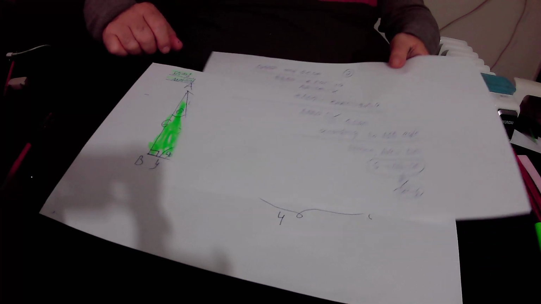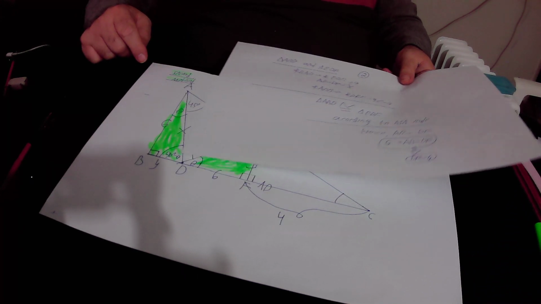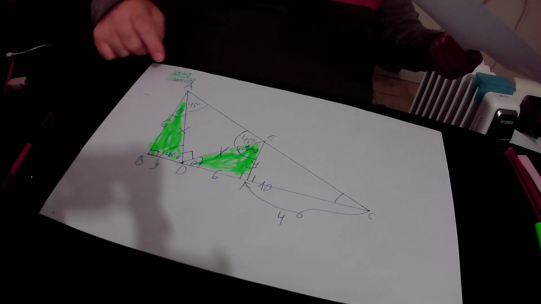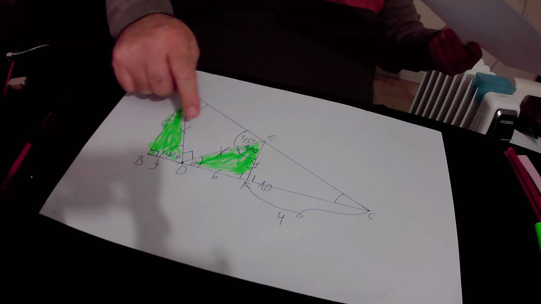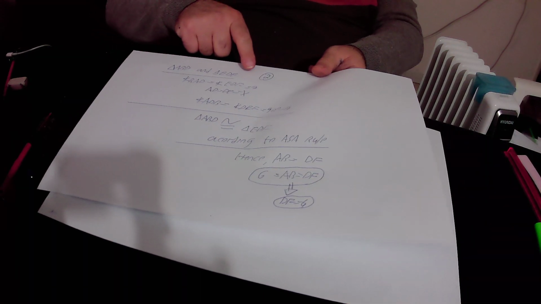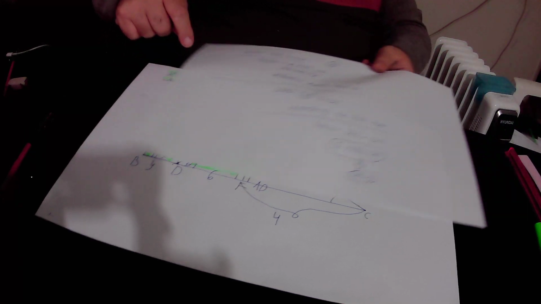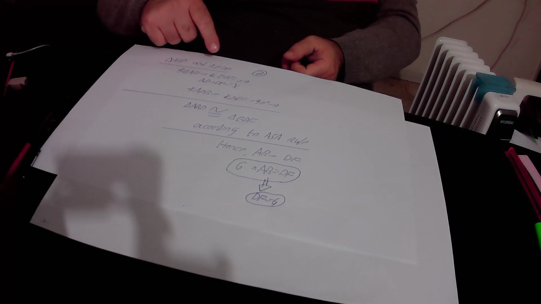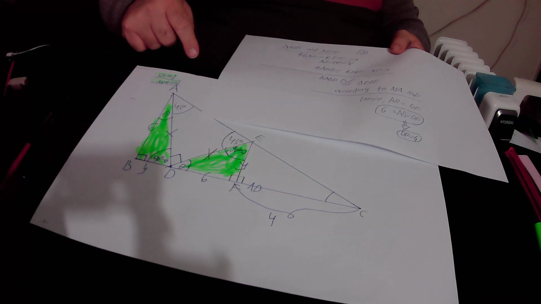We actually proved that the two green right triangles are congruent to each other. Why are they congruent? First of all, angle BAD equals angle EDF, both angles are equal to theta. Then we know that AD equals DE equals X, and angle ADB equals angle DEF equals 90 degrees minus theta.